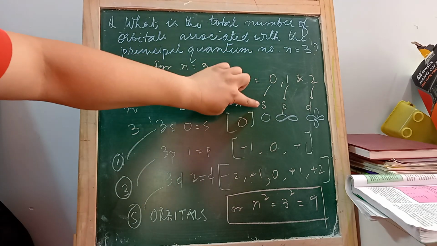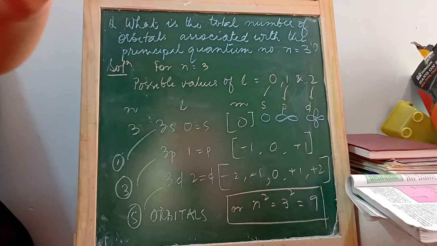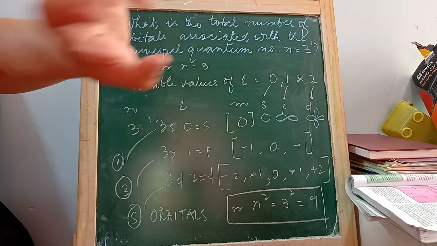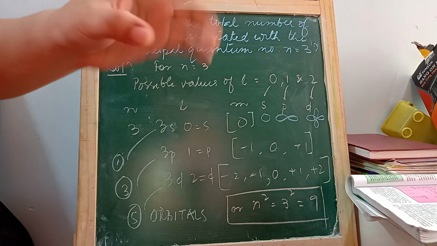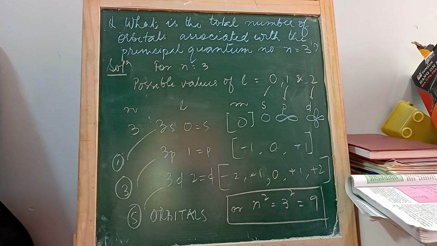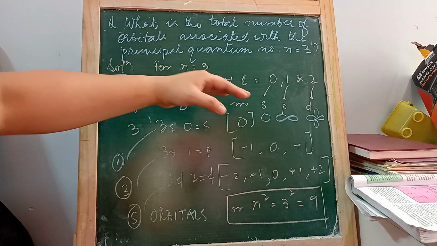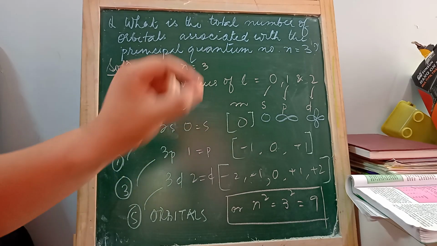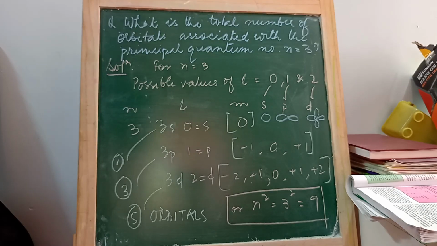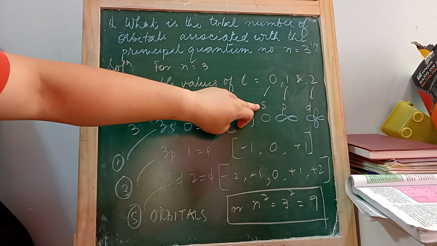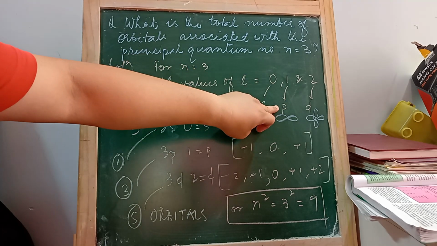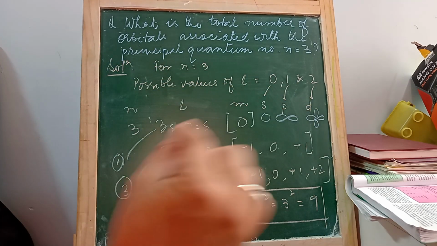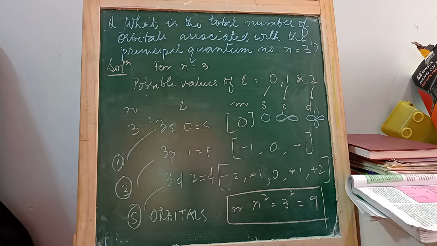For our convenience in subshell notation, the numerical values of L, the azimuthal quantum number, have been assigned small letters. 0 means s, 1 means p, and 2 means d: s, p, d, right?